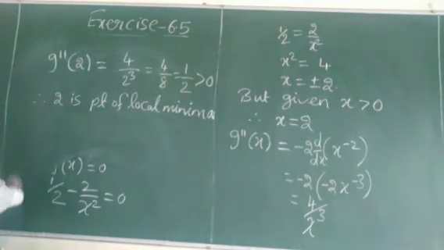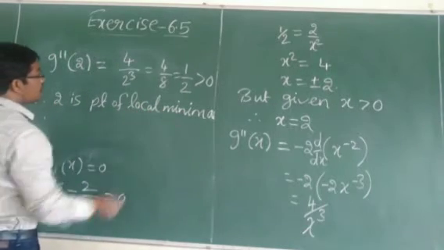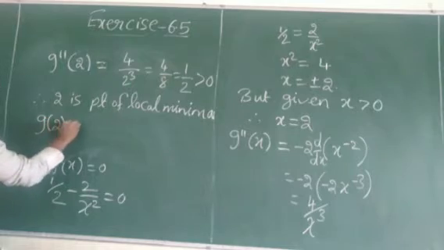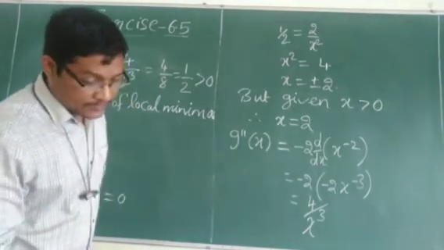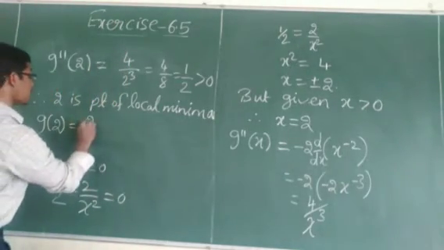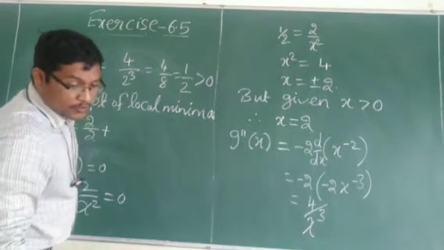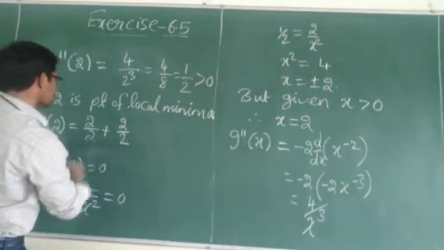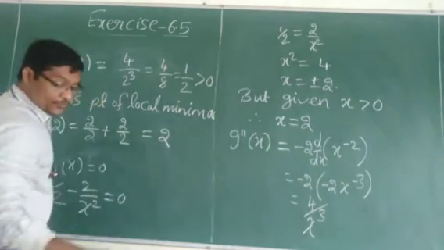So now what is the maximum, what is the minimum value? We have got 2 is a local minima, but what is that minimum value? We can find it by substituting 2 in the given equation, that is x by 2 plus 2 by x. So we get 2 by 2 plus 2 by 2, which is equal to 1 plus 1, which is equal to 2.